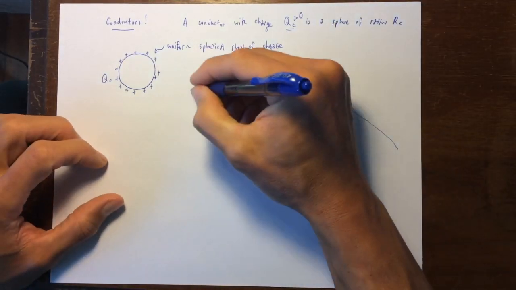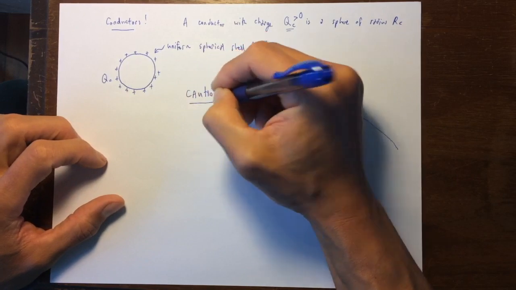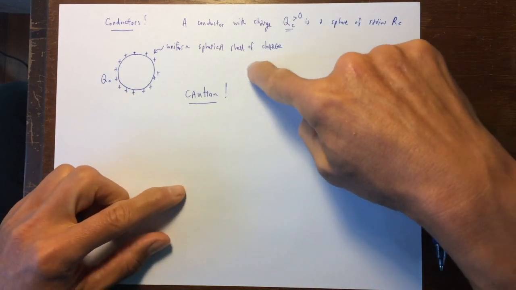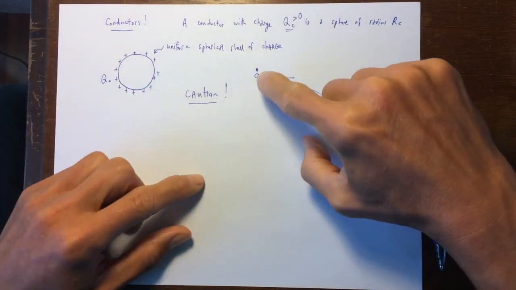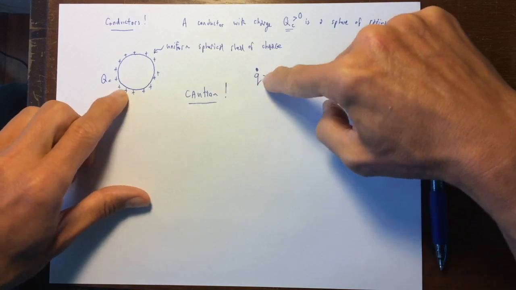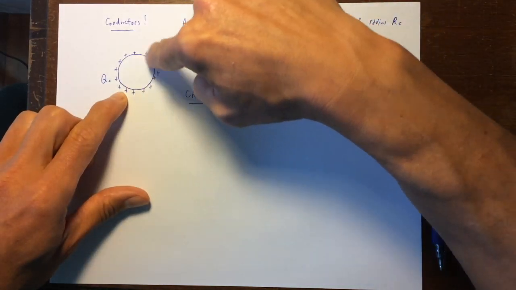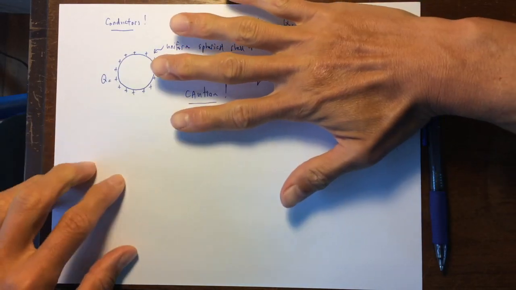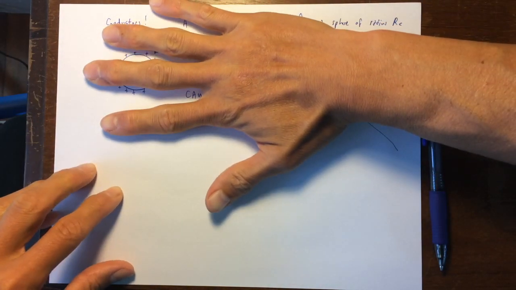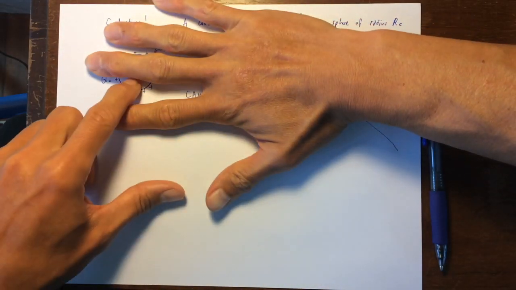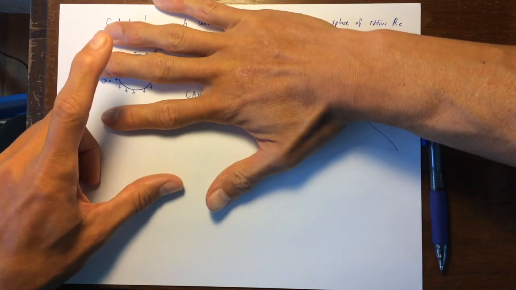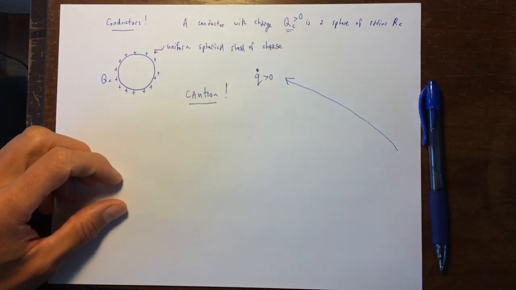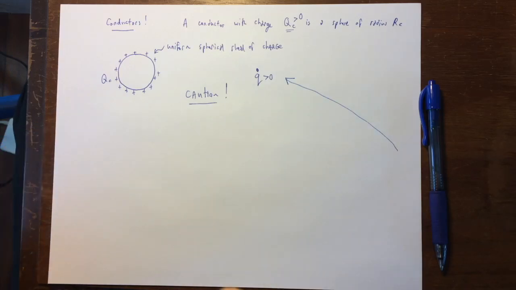So the reason why you have to be cautious is because if this is a conductor, this charge is going to alter the charge distribution here, because this charge has an electric field that will be inside of the conductor until the conductor moves charge around to get rid of the electric field, because the electric field in a conductor cannot be anything but zero for a long time.